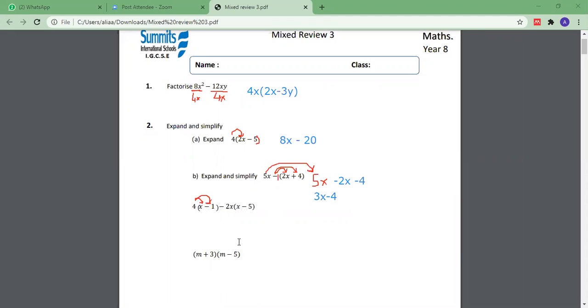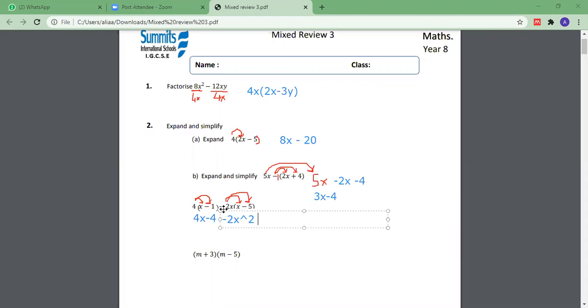Okay, next step, I multiply negative 2x by x and negative 2x by negative 5. Okay, it's very important, so negative 2x multiply x will be negative 2x power 2. I can't write power here, so it will be like this, but you write it as power 2.